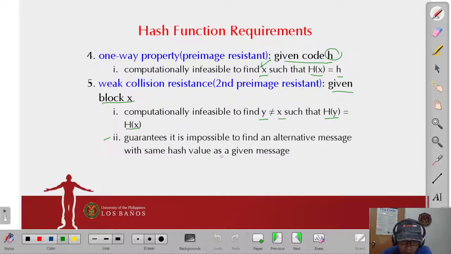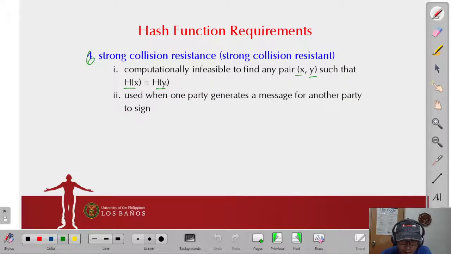So there's a difference between this weak collision resistance and this strong collision resistance. Here it says any pair, right? So you have to be able to prove that any pair will not generate the same hash.